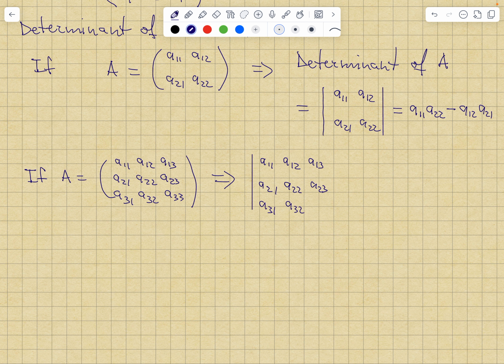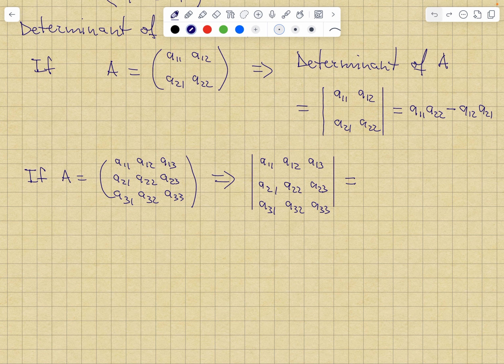And this is going to be computed in the following way. So you take an entry A11 and remove the first row and the first column that contain this guy. Now that leaves you with the matrix A22, A23, A32, A33. This matrix is a 2 by 2 matrix for which we already know how to compute a determinant.